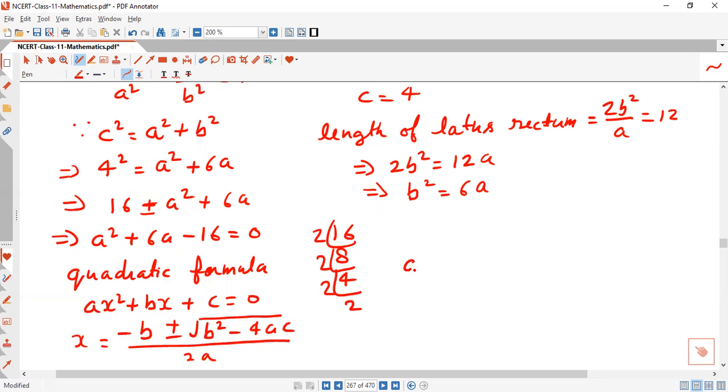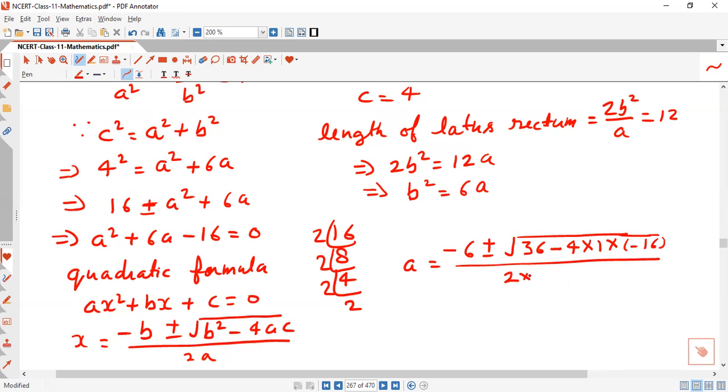All right. So apply this formula. Here a comes out as: the coefficient of a is 6, so minus 6 plus minus under root 6 square, 36, minus 4 times 1 times minus 16, divided by 2 into 1.